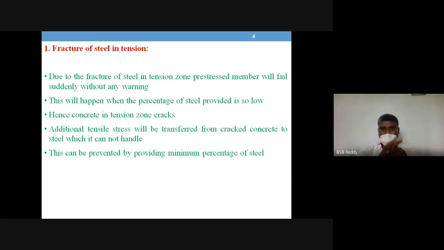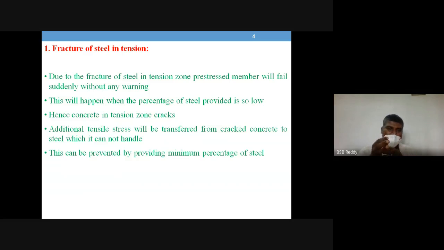So these three you have got an idea of from RCC, reinforced cement concrete. When an RCC member fails, it has to fail in one of these three conditions: under-reinforced, balanced, or over-reinforced section.